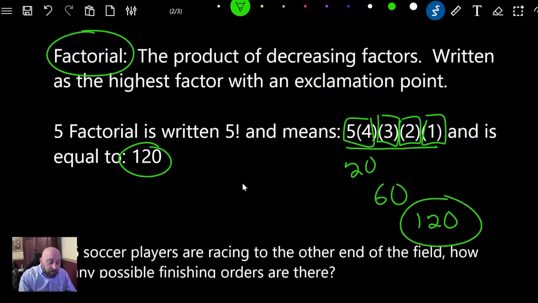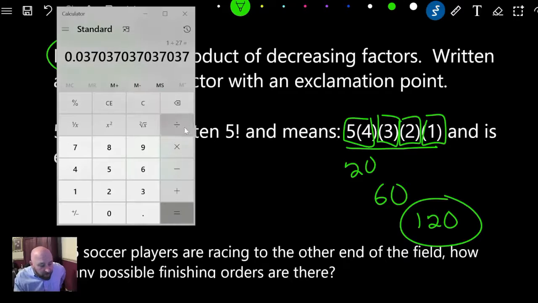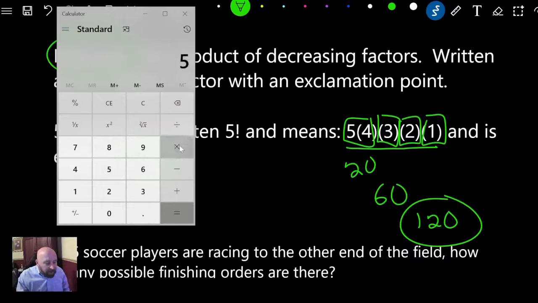So there's 120. You can also get calculators that do this, but at this level, I would rather you just multiply it out. You don't need to be using a scientific calculator that has factorial on there. Just multiply it out, even if that means coming to your regular basic calculator and doing 5 times 4 times 3 times 2 equals 120.